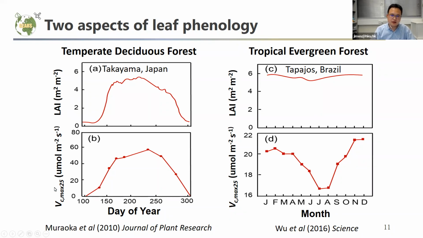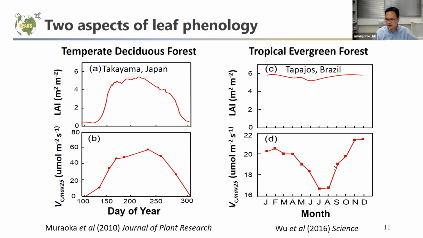The other is about the quality part, which can be approximated by leaf level photosynthetic capacity. And in the tropical region, as we just mentioned, this kind of age effect primarily emerges from the diversity of the fine scale leaf phenology variability.